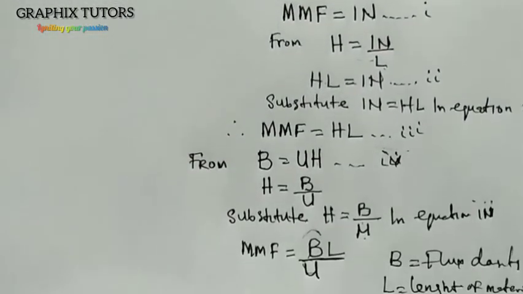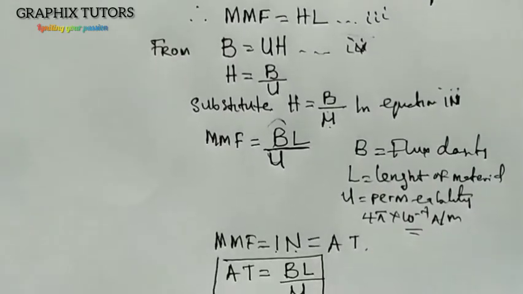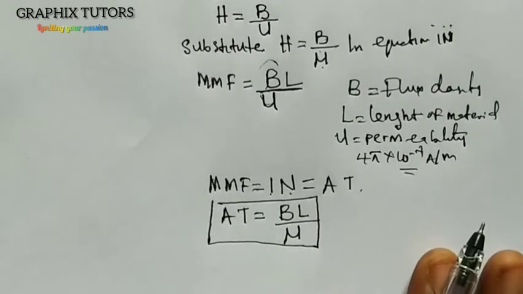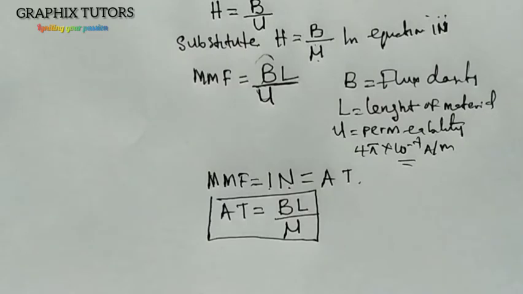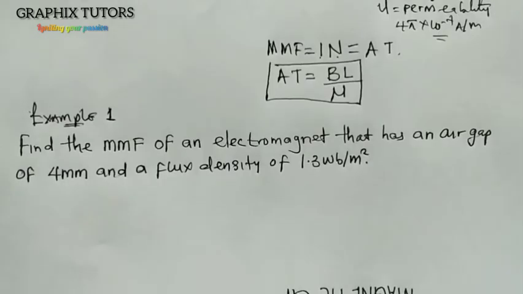Now let's take an example and see how we can apply this formula. Example 1 says, find the MMF of an electromagnet that has an air gap of 4 mm and a flux density of 1.3 Weber per meter square.